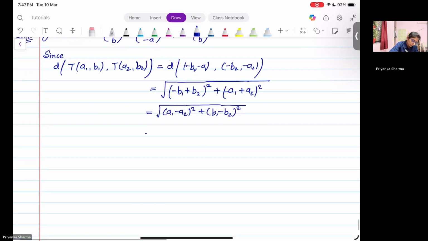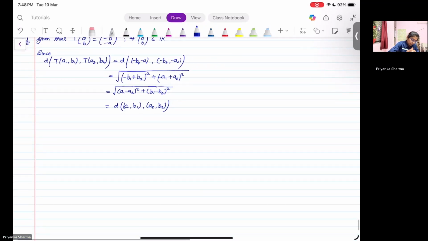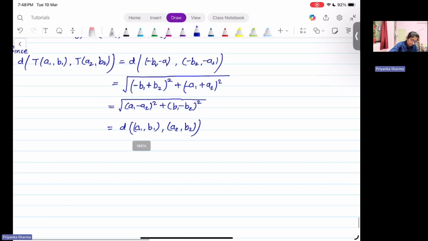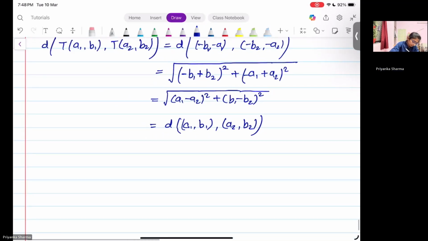Okay, so this is the distance between (A1, B1) and (A2, B2). It means T is distance preserving. So T is an isometry.